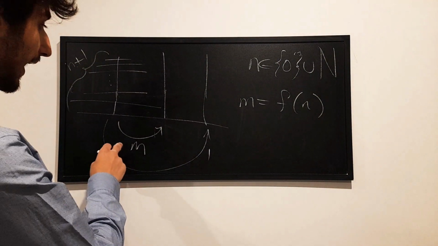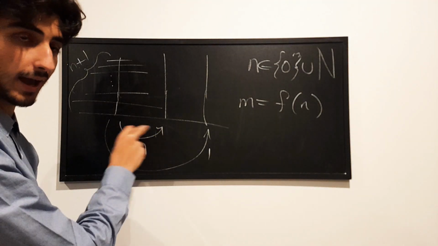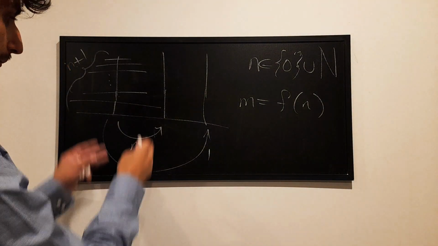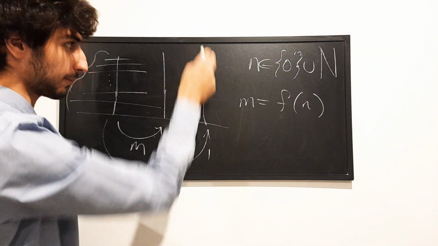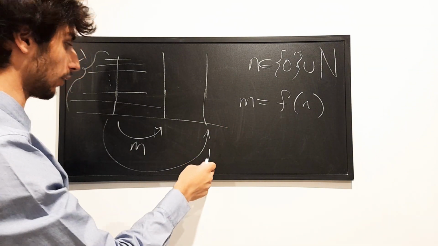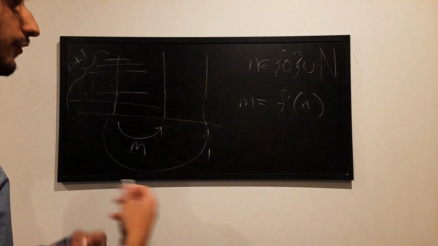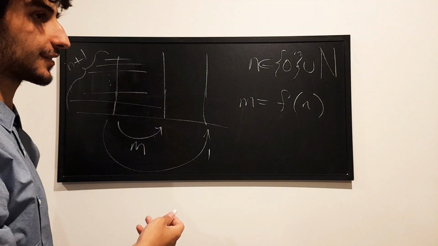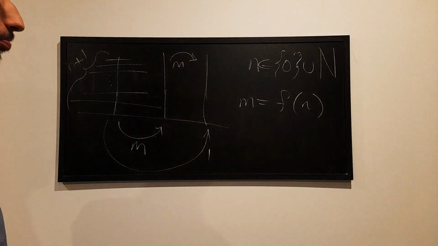But now, because we have n disks originally on this pole, given these m moves over here, we need to actually move these to this pole over there that already has our last remaining disk. But of course, since there are n disks, that would take another m moves.